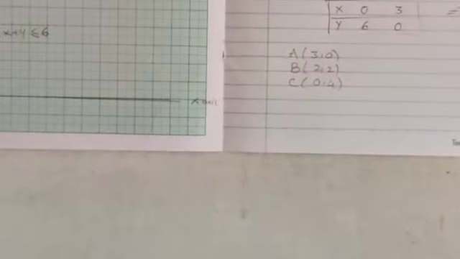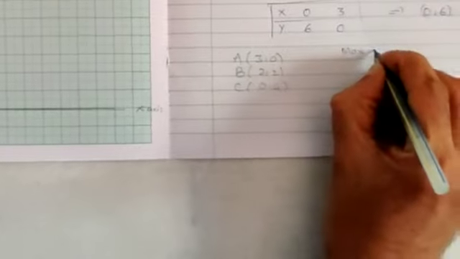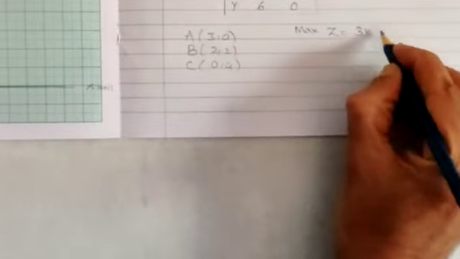Now you need to identify the maximization. Now see, maximize z equals 3x plus 10y. At A, see, 3, 0, za equals 3. Wherever x is there, substitute 3.